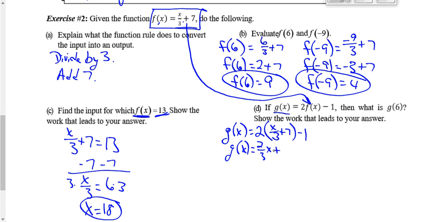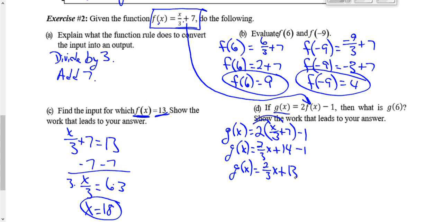Plus what? Plus 14. And then minus 1 on the outside. So let's clean this up. So g of x actually equals what? 2/3 x plus what? 13? Can we follow that? Where did I lose you?